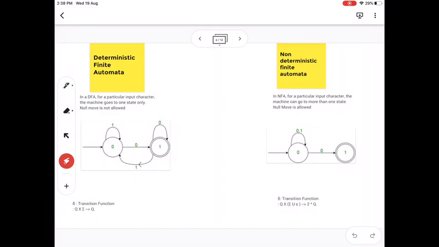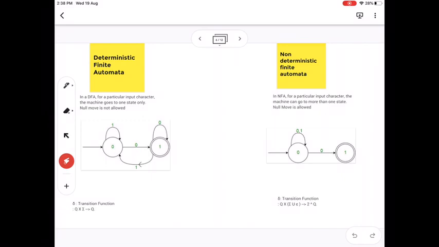Okay. See here, one example is given. This is one state, this is another state. Okay. So this is the name of the state, so don't confuse. For input 1, I am moving to only one state. For input 0, I am moving to only one state. Okay.